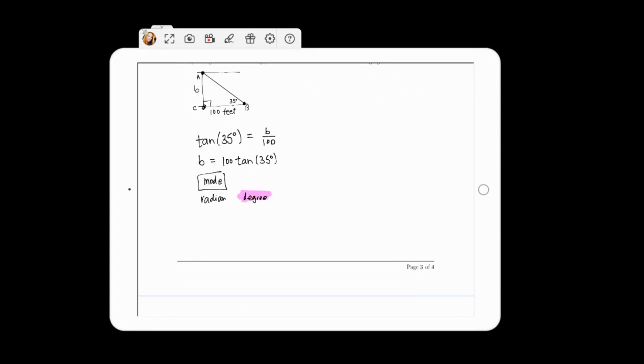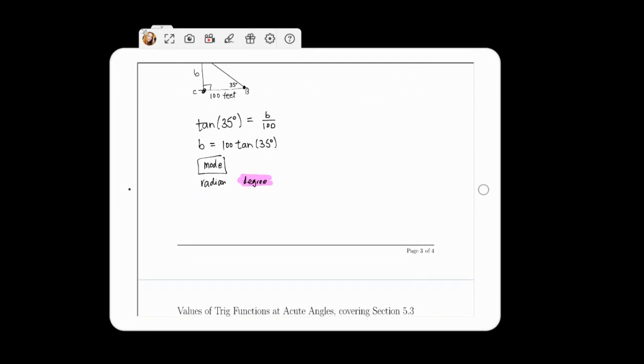So make it so that degree is highlighted on your calculator. You need to change this every time you enter in something on your calculator. And then also, you're gonna have a button for tangent. So you push the tangent button and then you hit 35 and it'll give you the tangent of 35. Then just multiply by 100 to get your answer. So this is going to be approximately 70.02 feet. Okay, so make sure that you know the difference between the exact and the approximate answer, as we discussed in great detail in section 4.6.